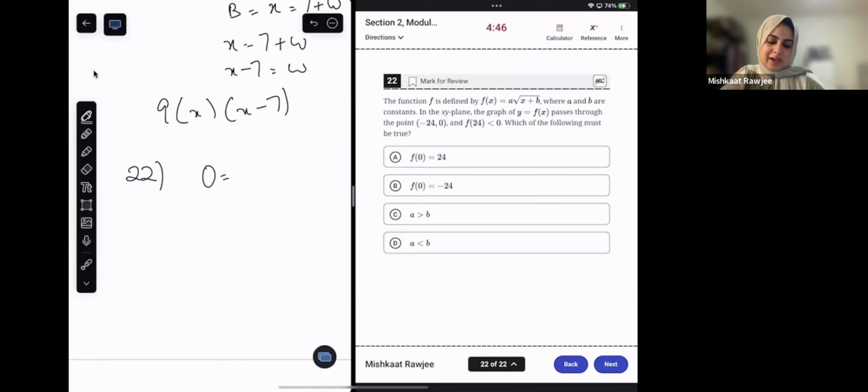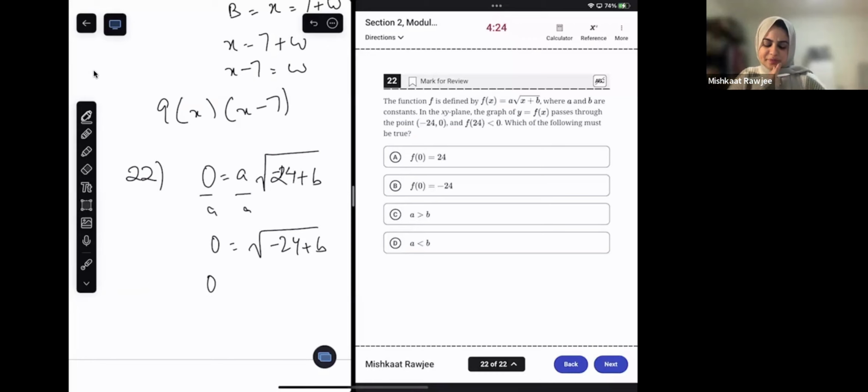So 0 is a times the square root of negative 24 plus b. Divide by a on both sides, it goes away. We get 0 equals the square root of negative 24 plus b. Square both sides, so 0 is equal to negative 24 plus b. So b is equal to 24.